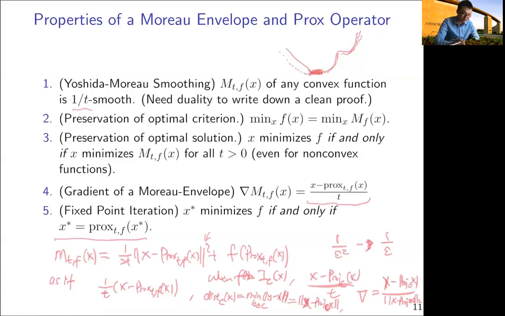What if this distance to convex set function is squared? Then if you take the gradient, you will end up getting this exact form. That's a special case of this application of the gradient of a Moreau envelope. And we know that when you have a square term there, it becomes differentiable everywhere, not just differentiable when x is outside.